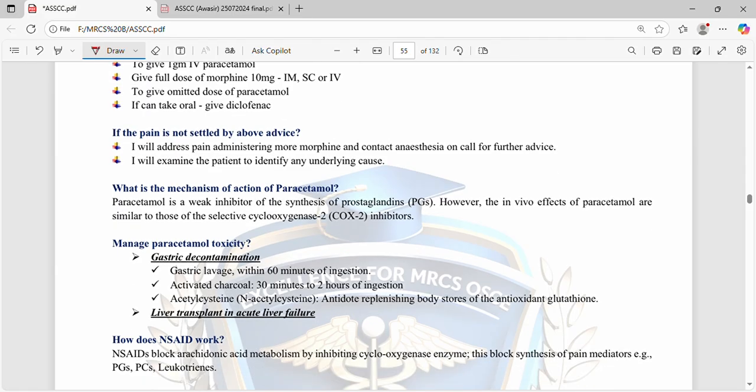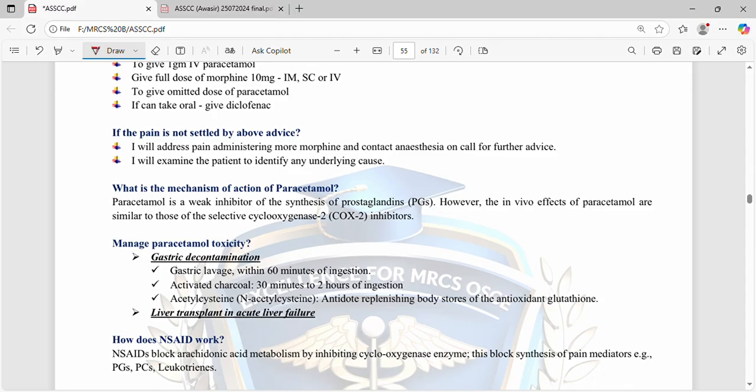First you have to do gastric decompression: gastric lavage within 30 to 60 minutes of ingestion, activated charcoal within 30 minutes to 2 hours of ingestion. Then you can give the antidote, acetylcysteine.